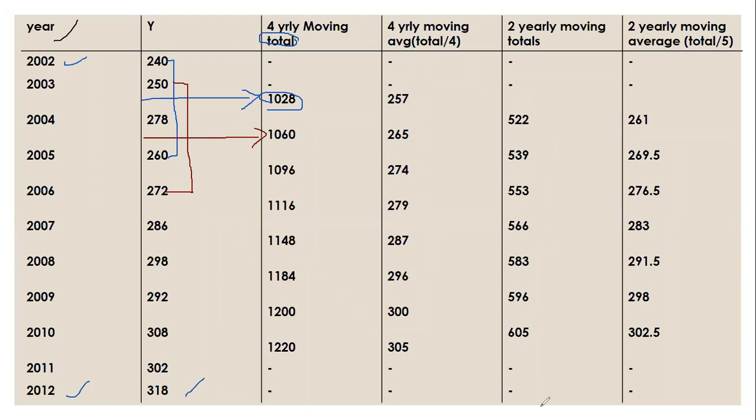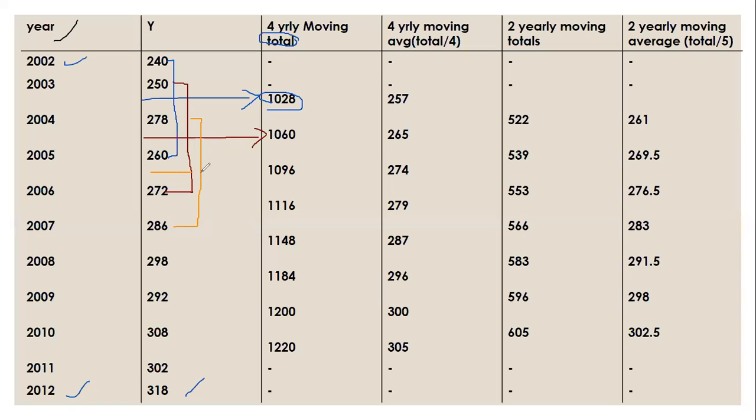Now next, from which number should I start? 240 is over, 250 is over. Now next number, which should I start? 278. So I start from 278, 260, 272, 286.